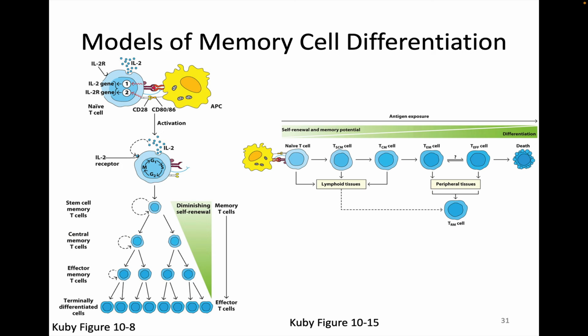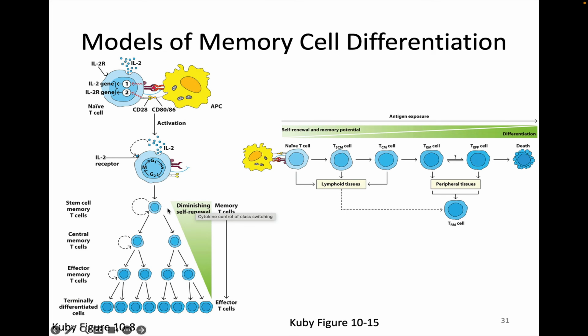One of the models that seems to have gained a lot of support now is that when a cell is first activated, it's more like a stem-like memory cell that has the ability to divide many, many times and make many more copies of itself, maybe because that cell got a little bit lower antigen exposure.